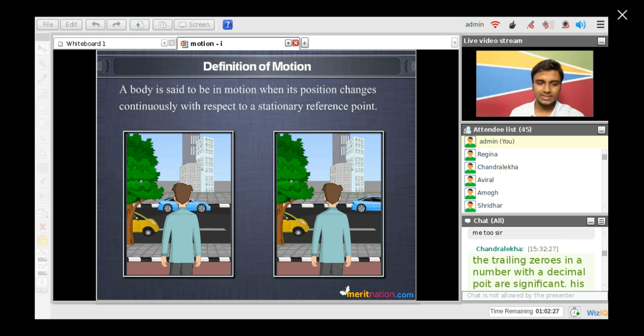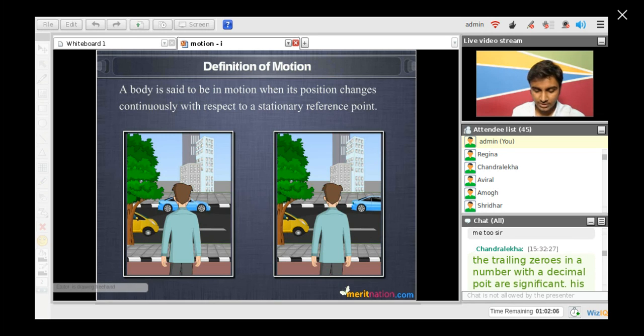So motion basically is, a body is said to be in a state of motion when its position changes continuously with respect to a stationary reference point. I'm talking about any body. This is a very important term.